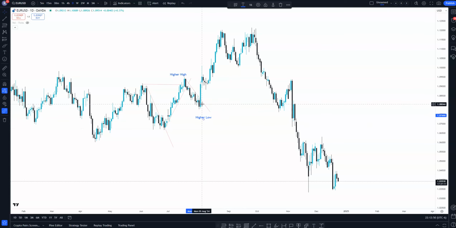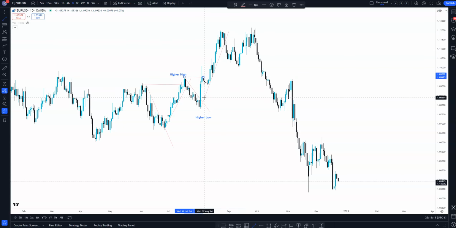So then we move up more. So we get a break of this level here. Some people could classify this higher high here and then this as a pullback for a higher low, but I'm just gonna say all this is one move.